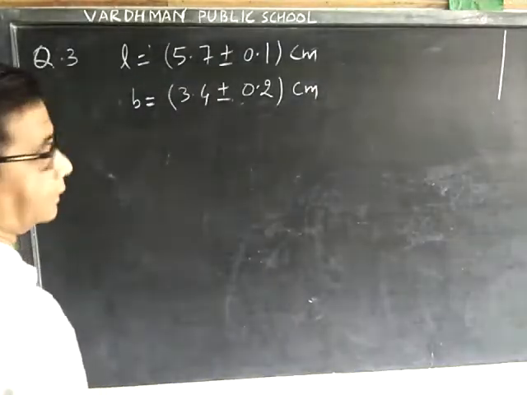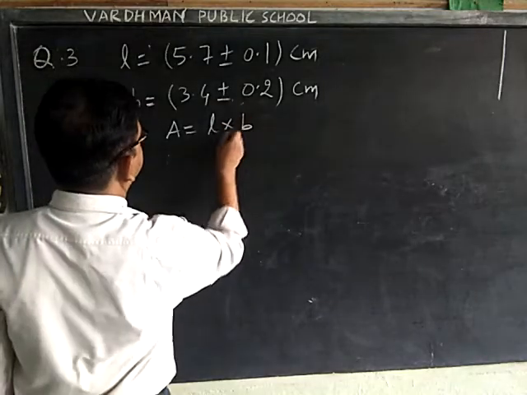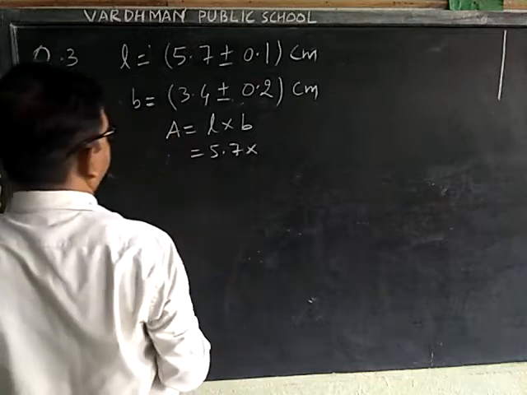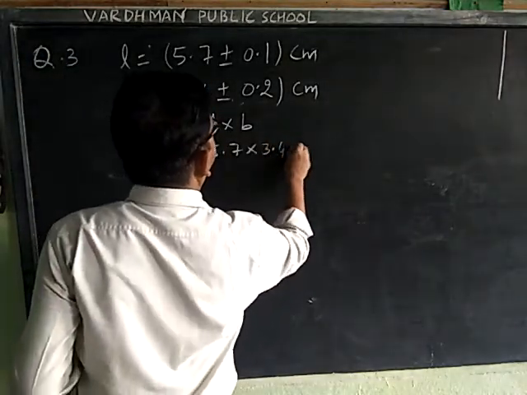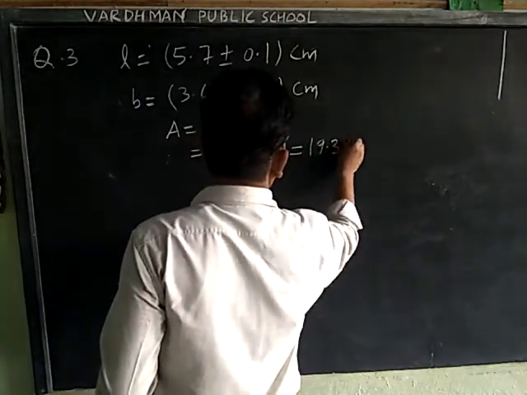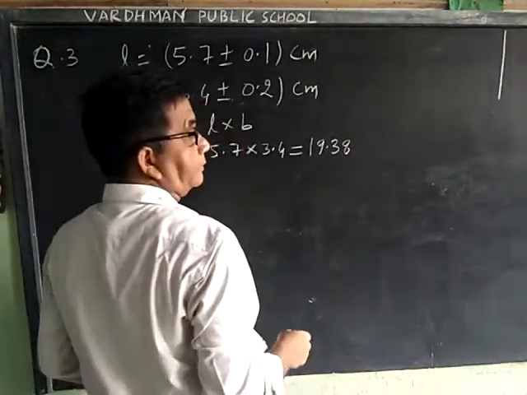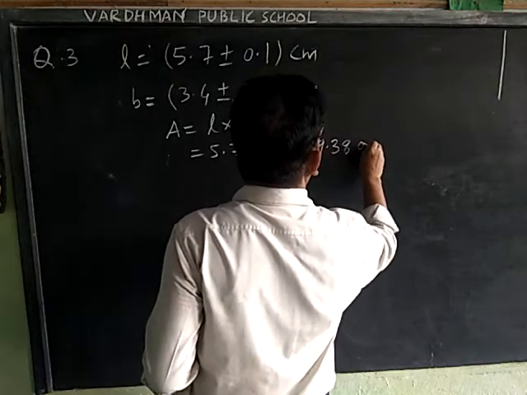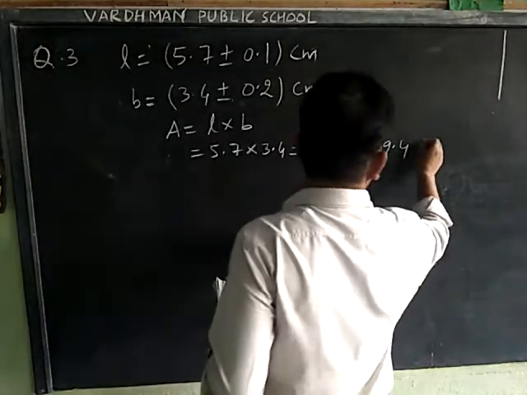We know area of the rectangle is equal to length into breadth, that is 5.7 into 3.4. When we multiply it, we get 19.38, and write it to one decimal place, 19.4 centimeter square.